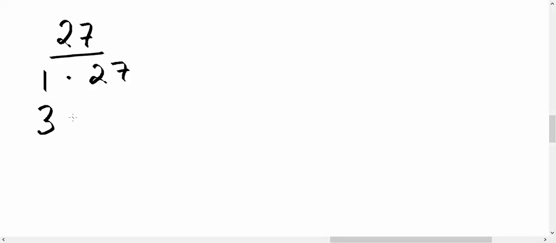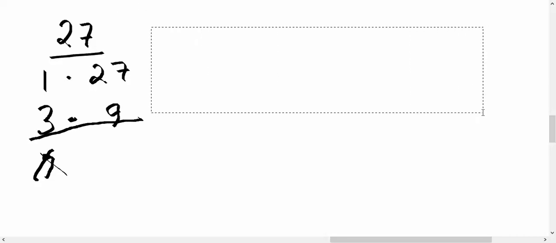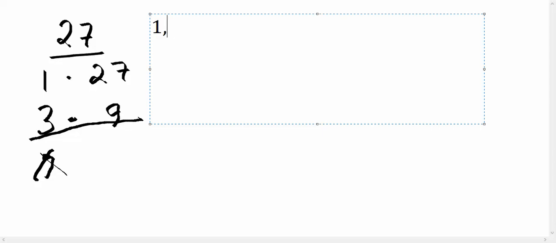It's 3 times 9. 4, no. 5, nope. 6, nope. 7, nope. 8, doesn't work. 9 works again, but then we'd actually be crossing, so we don't need to add that. And so we have all of the factors of 27. So let's write them over here. The factors of 27 are 1, 3, 9, and 27.